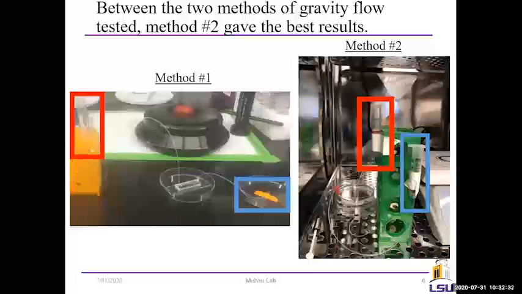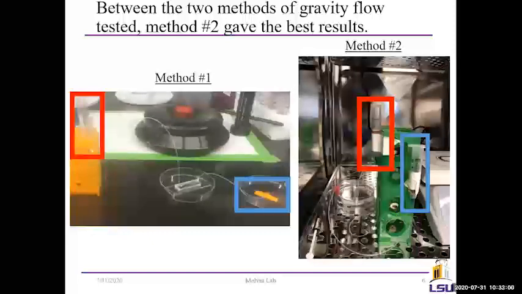Dr. Constant? So in either setup, but we'll focus on method 2, and you have the slides, so we're there. How often did you have to recharge the reservoir? Let that be my first question. Okay, in this system, we were designing something that could stand alone by itself for 24 hours.